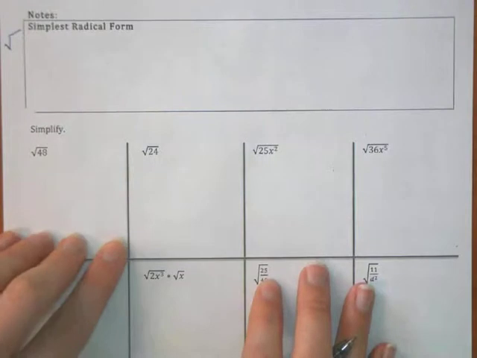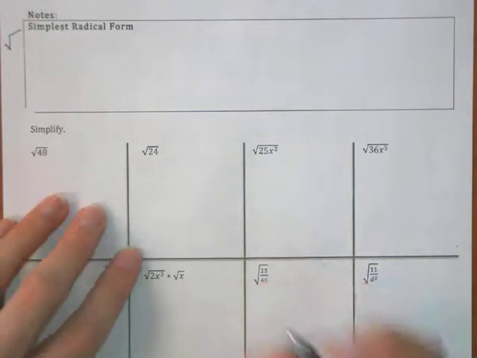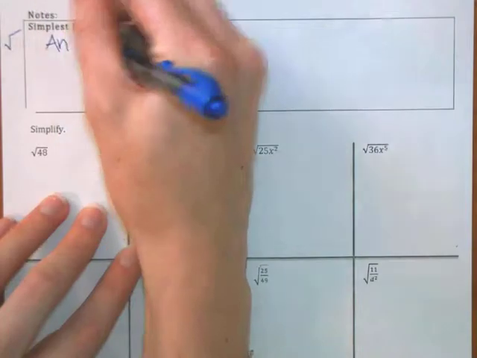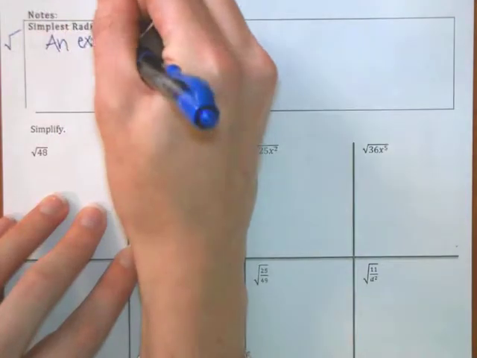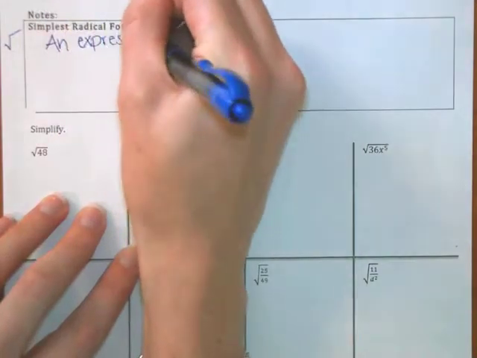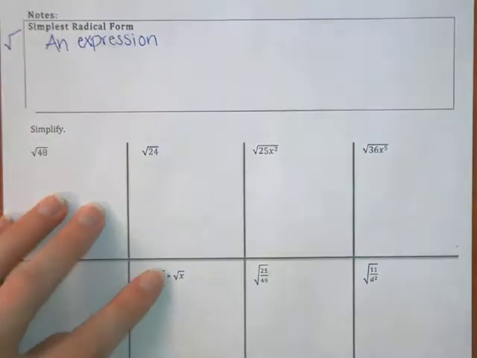Alright. So simplest radical form. It's an expression that satisfies 2 conditions.